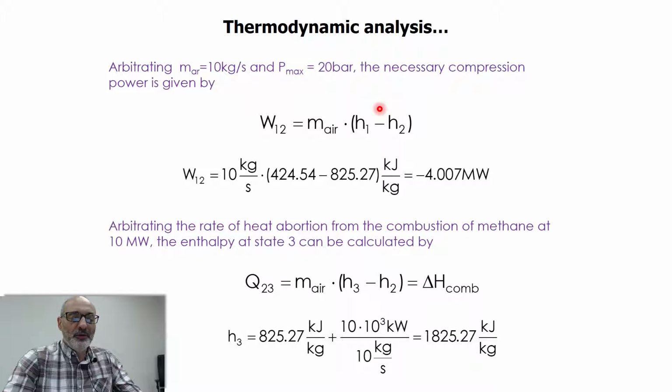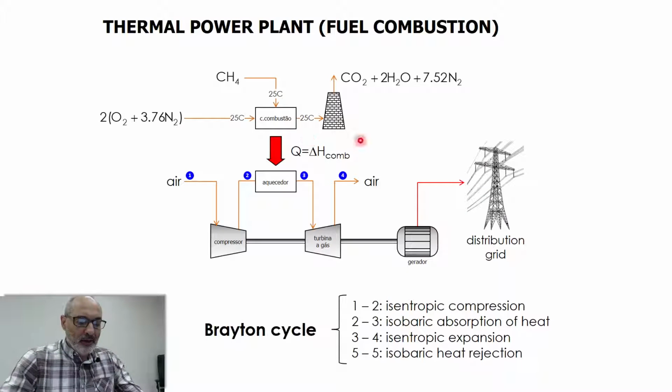Once we determine all the enthalpies, we can calculate all associated energy. So the compression work, I can determine, okay? This equation comes from applying the first law of thermodynamics to the compressor.